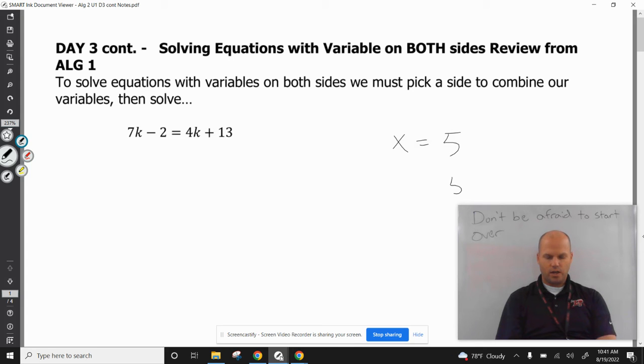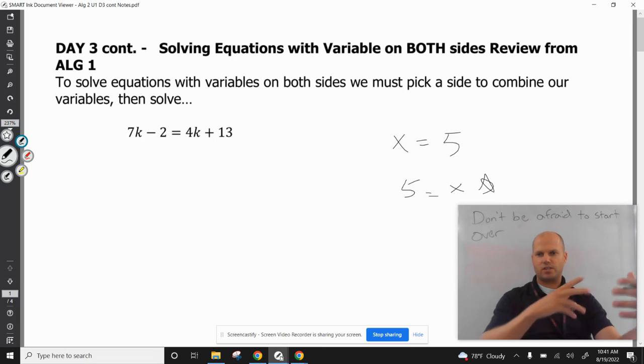You could have 5 equals x on the other side. You just read it from right to left. I think that's very important when we get to this lesson, that it's okay to end up with your variables on the right side. They don't have to be on the left side. Don't do the same thing all the time, because depending on the situation, it might be advantageous to do it somewhere else.